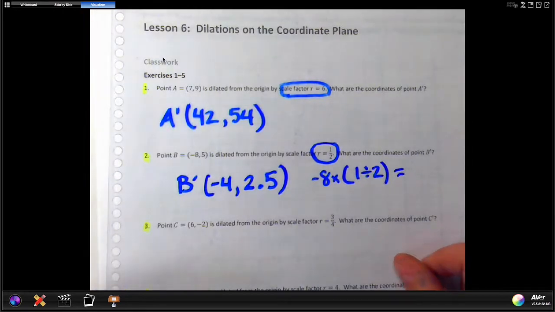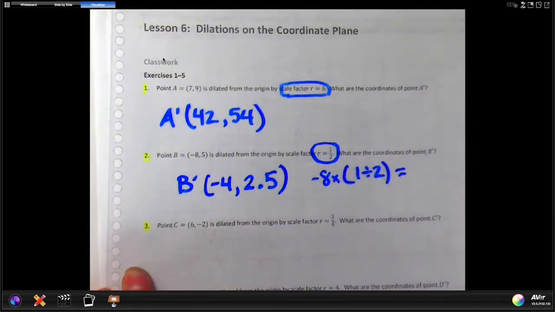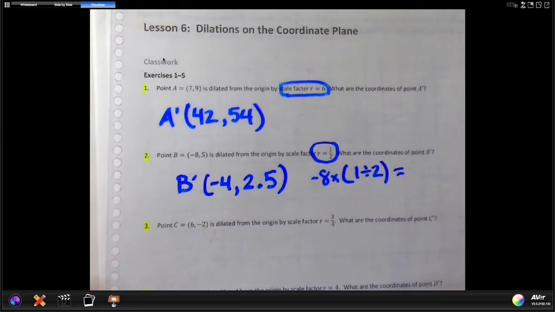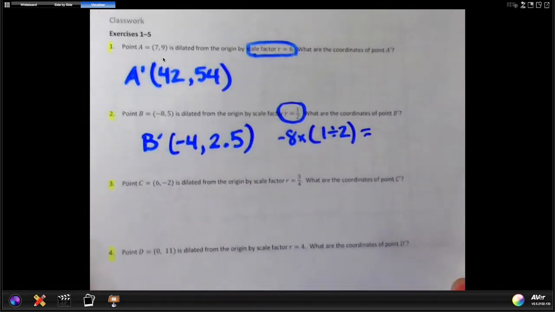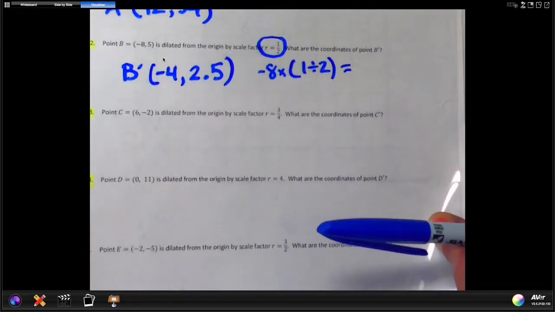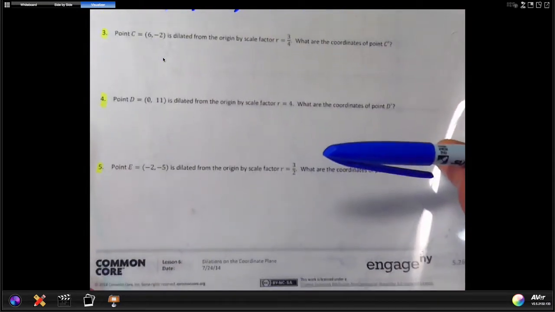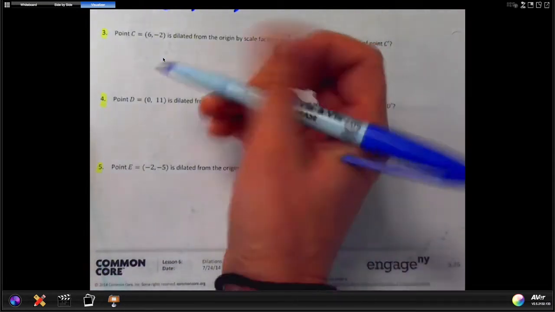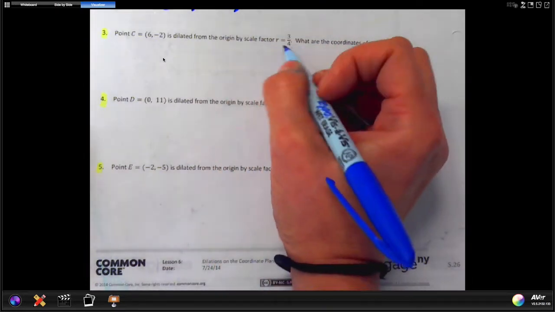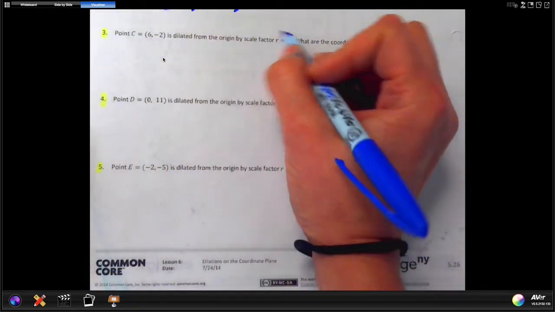And as we roll down the rest of our exercises here on this page 26, we get similar answers where we are just coming up with a new coordinate. So if I slide this up a little bit, point C is dilated from a scale factor of 3/4. Well, 3/4 is our scale factor.